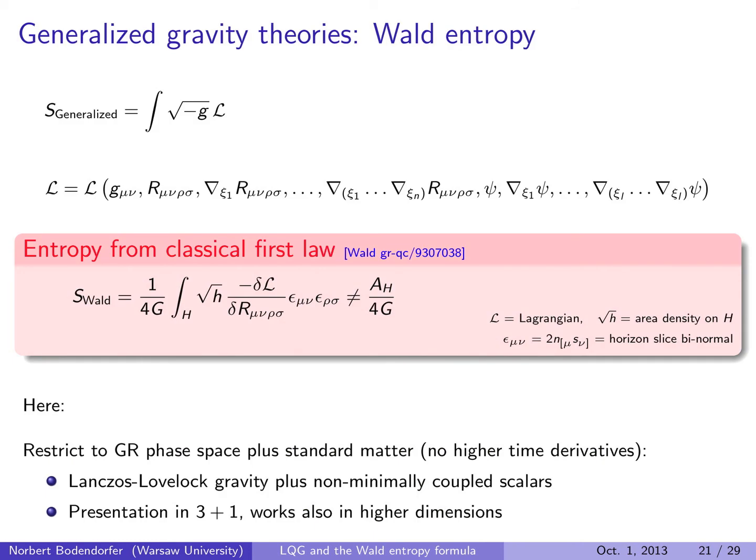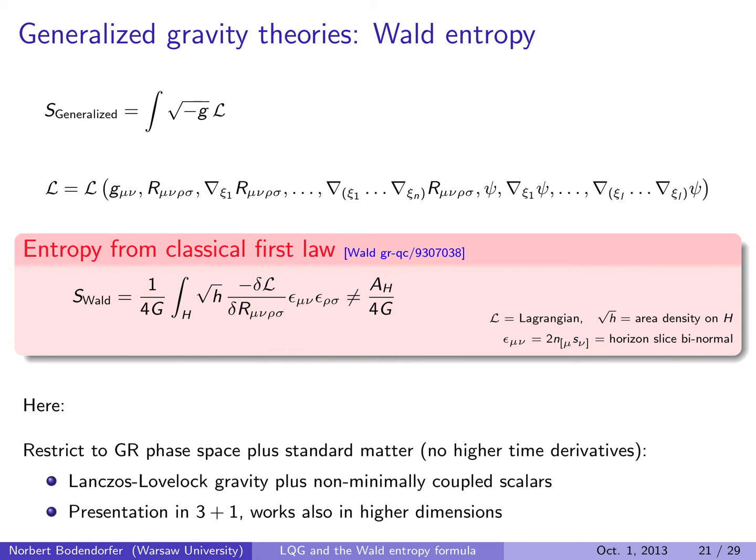No, the proof is just for the theories which I stated there, which is Lanczos-Lovelock gravity and with non-minimally coupled scalar field. Now, we commented in the paper with Yasha on the case of generally covariant theories. However, there is some problem because first of all, you have to handle the phase space and quantize the complete phase space.